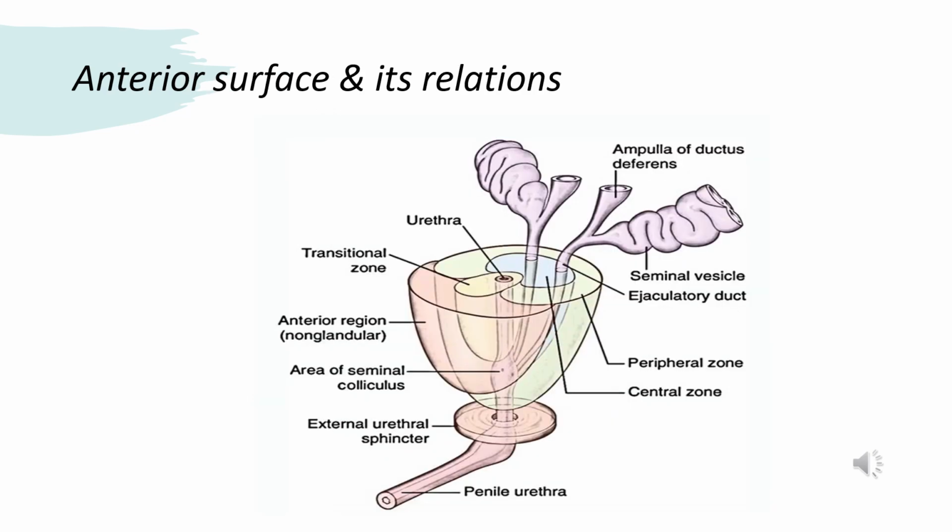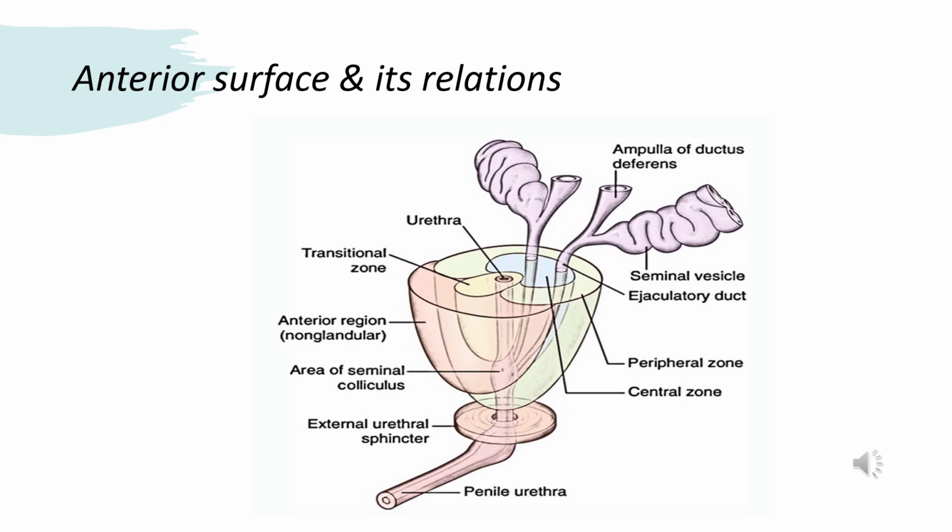Now we'll see the relations of the surfaces. First we'll take up the relations of the anterior surface. The anterior surface is somewhat narrow and convex from side to side. It is located about 2 centimeters behind the pubic symphysis, and it is separated from the pubic symphysis by the retropubic space.